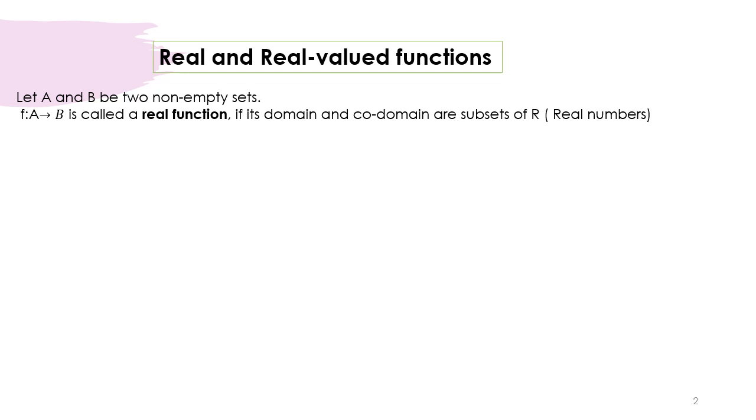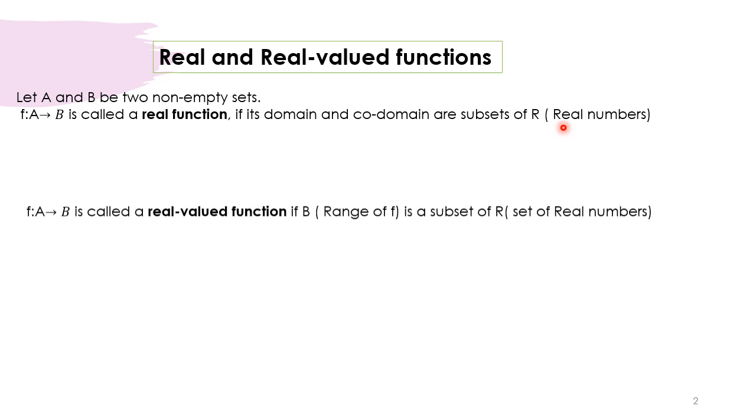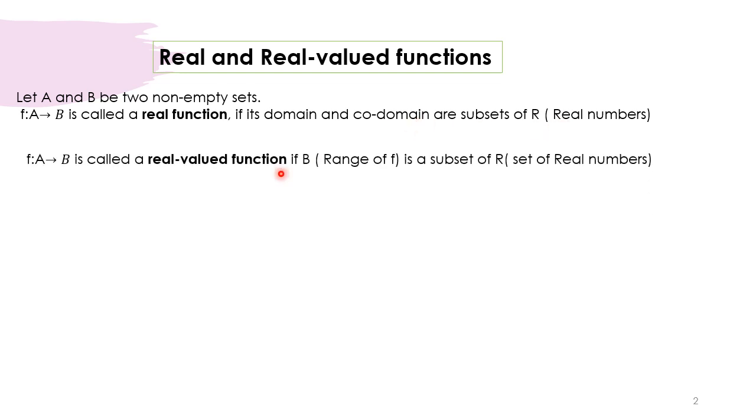Whenever we have A and B, two non-empty sets, a function f from A to B is called a real function if its domain and codomain, meaning A and B, are subsets of the set of real numbers. So real function means the domain and codomain should be subsets of real numbers.